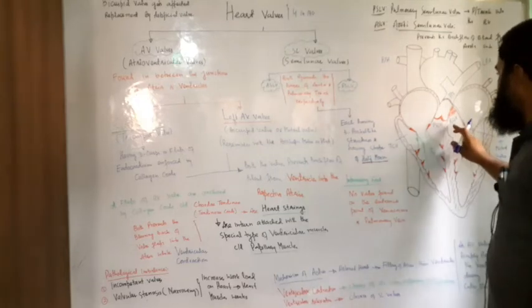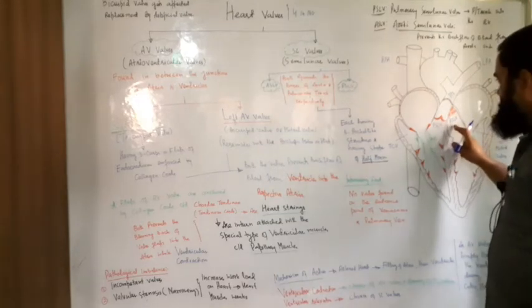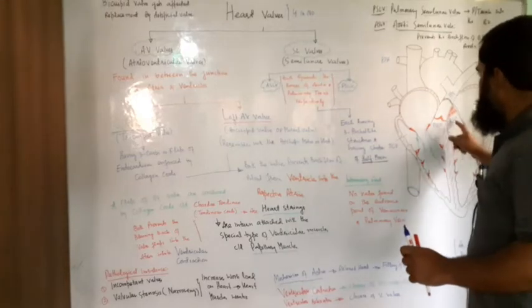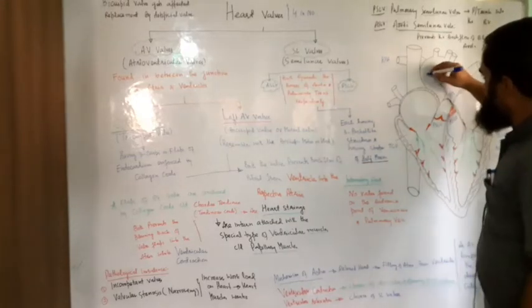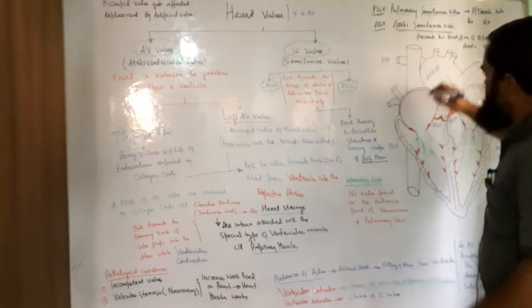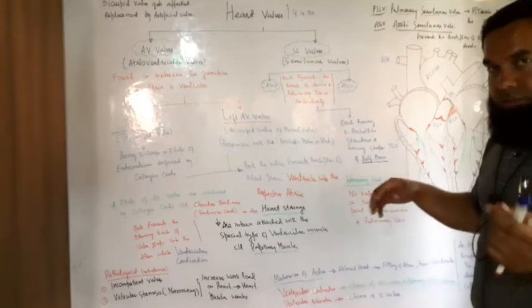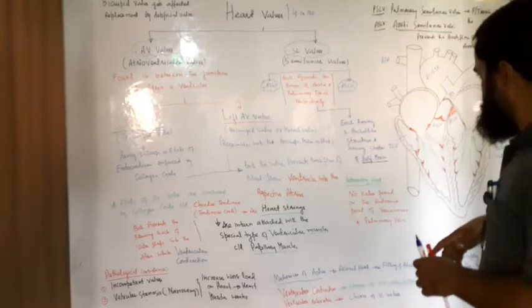On the other hand, through the aortic semilunar valve, when it opens, the blood rushes towards the main aorta. This main aorta is responsible for flowing the oxygenated blood to all tissues of the body.